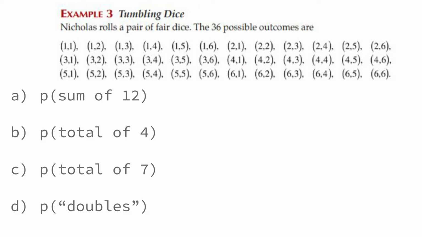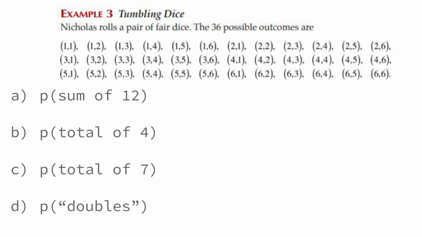All right, now let's look at a pair of dice. So we're going to roll two dice, and the 36 outcomes are listed below. So we could roll 2 1s, we could roll a 1 and a 2, a 1 and a 3, so on and so forth. These are all the different possible outcomes. So they want to know what is the probability of it adding up to 12.